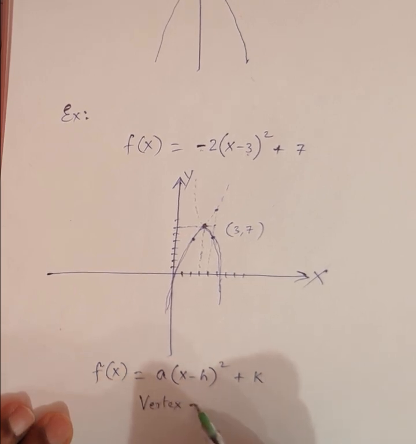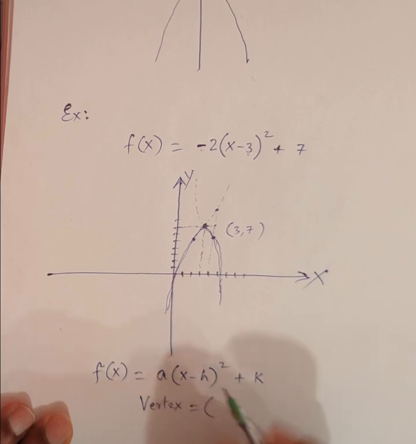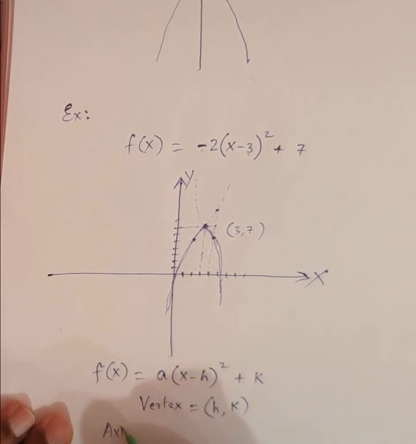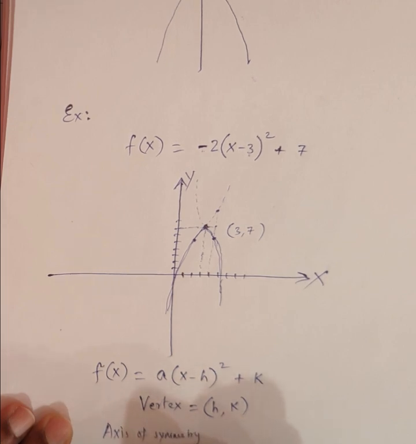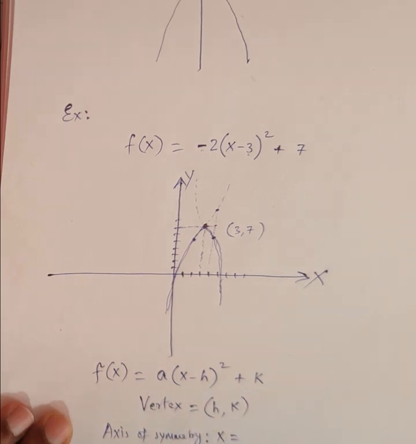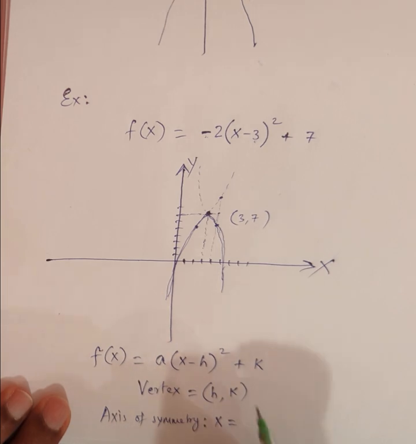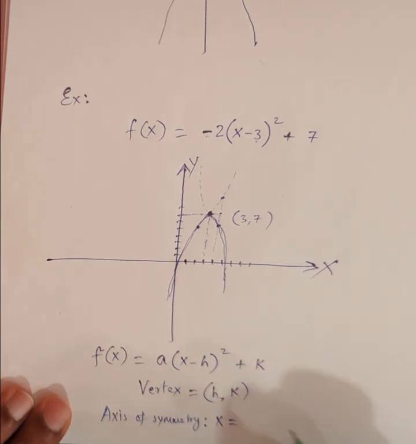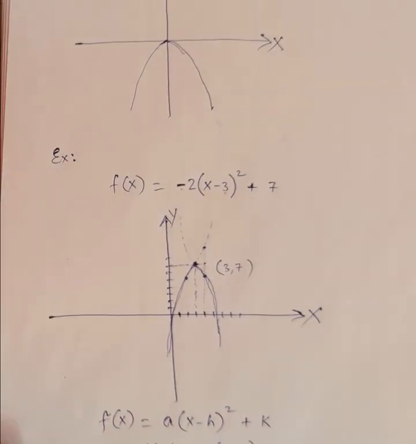X minus h tells me there's a shift of h units to the right and k units up. And then the axis of symmetry is a vertical line, so it always has x equals something, and it passes through this point. So x equals h is the axis of symmetry.